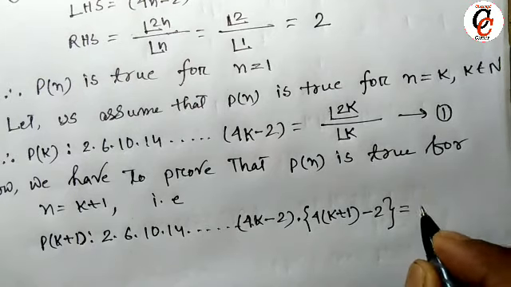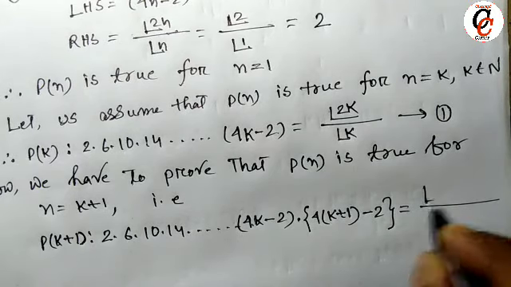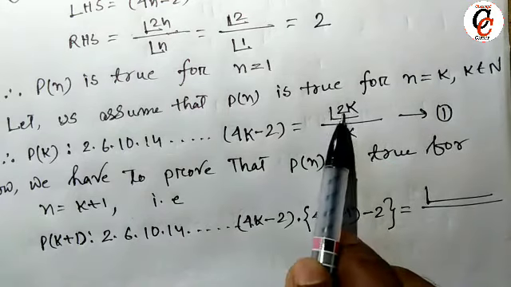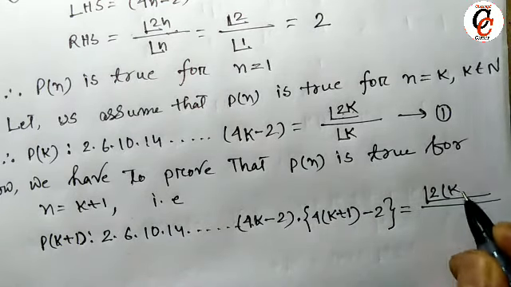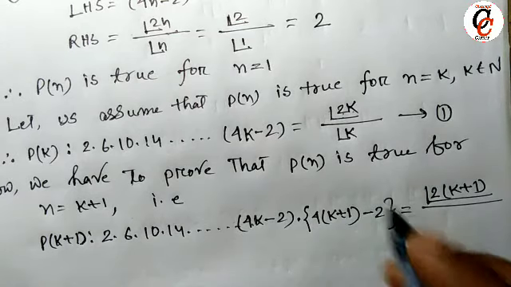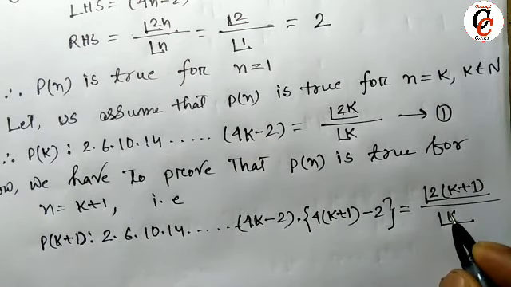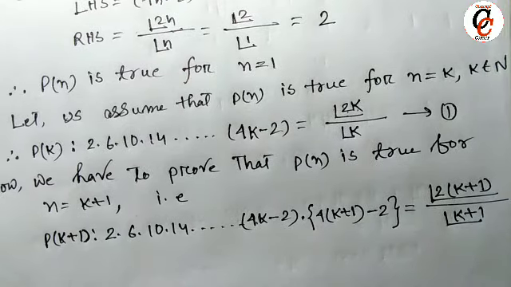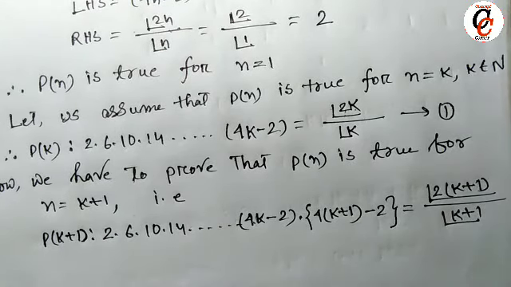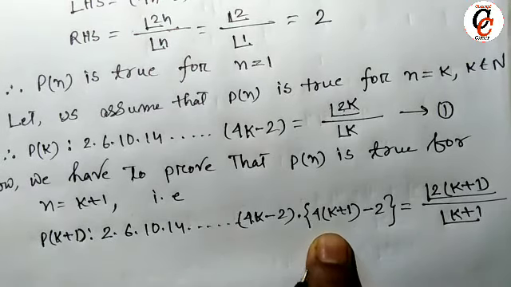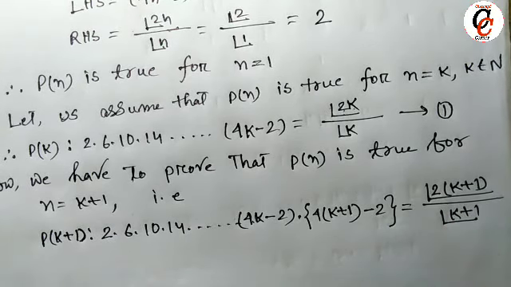In the right hand side, see, factorial 2 into k, k will be replaced by k plus 1: 2 into k plus 1 divided by factorial k plus 1. That's it. So left hand side we have to prove equal to right hand side. Let's see if it comes or not. Write one more line to simplify it.